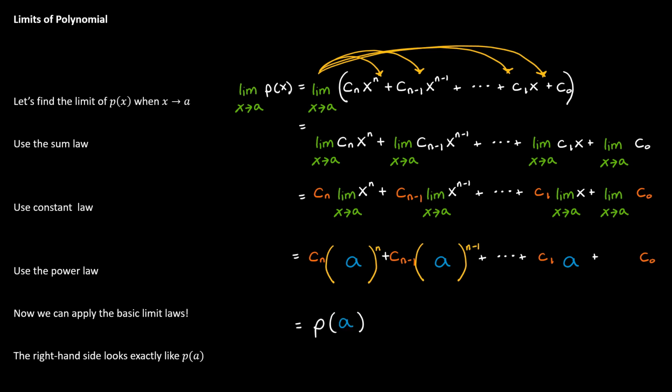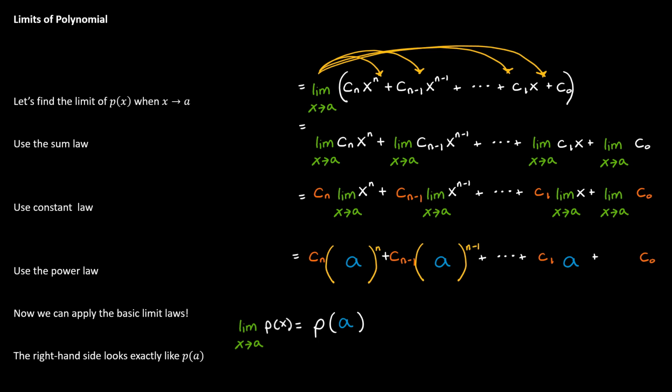That's essentially the same thing as evaluating your polynomial at the x value a. So when we talk about the limit of a polynomial of x, when x is approaching a, all we have to do is replace the x's with a's. We can do direct substitution.